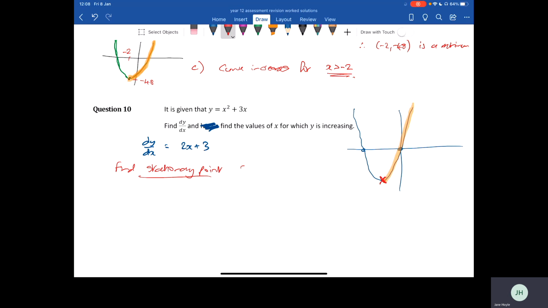And of course, we do that by setting 2x plus 3 is equal to 0. X is equal to -3/2. So that point there is our -3/2. So I can say that y increases for x greater than -3/2.